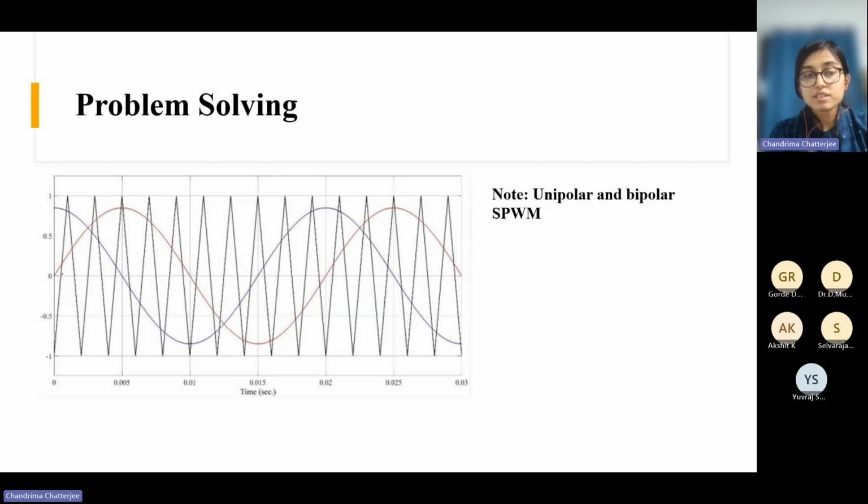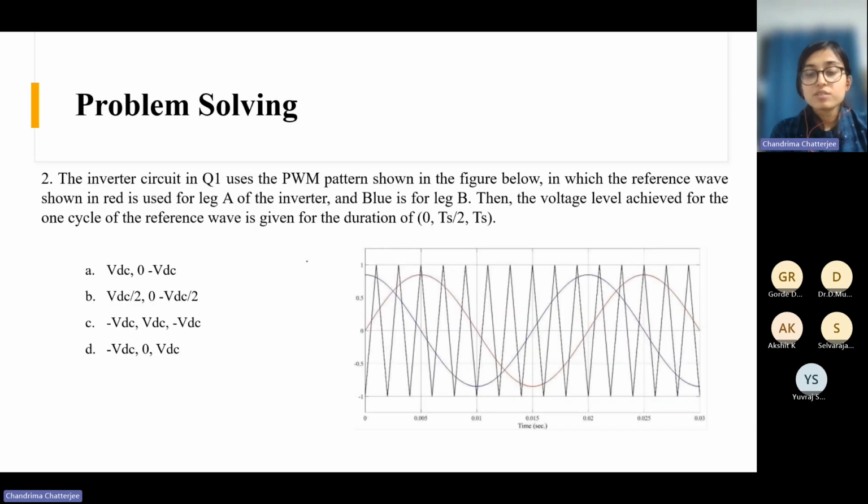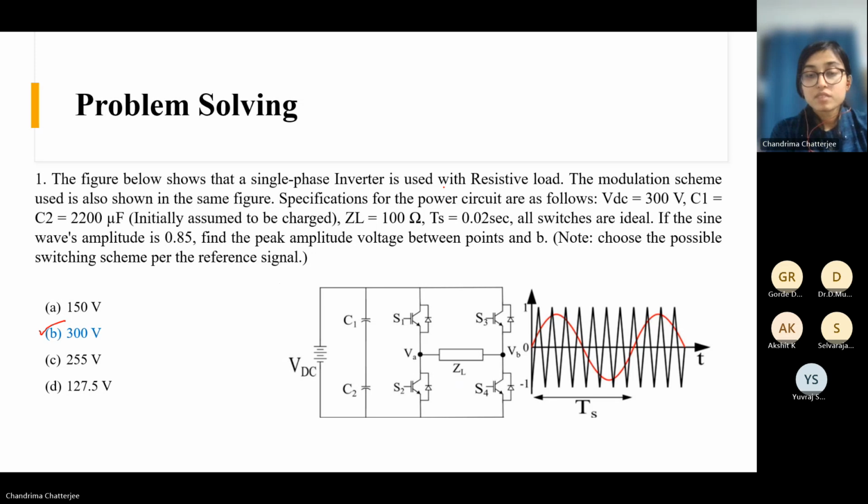Suppose this intersection, where it cuts the carrier wave. Here the carrier wave is lesser than both the references, right? The instantaneous values of the references here and here are higher than the carrier signal. So obviously, both of these switches will be high, right?